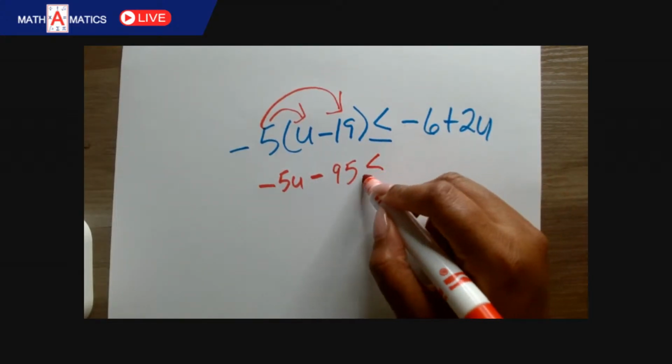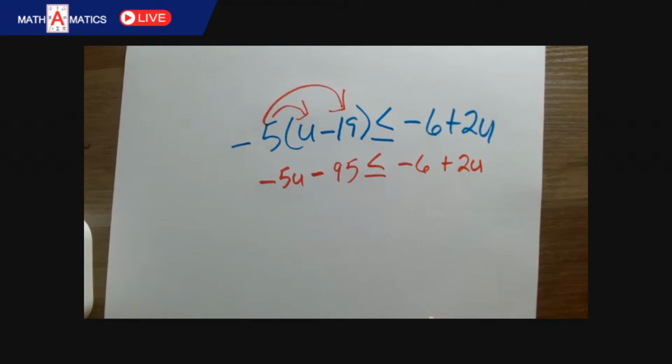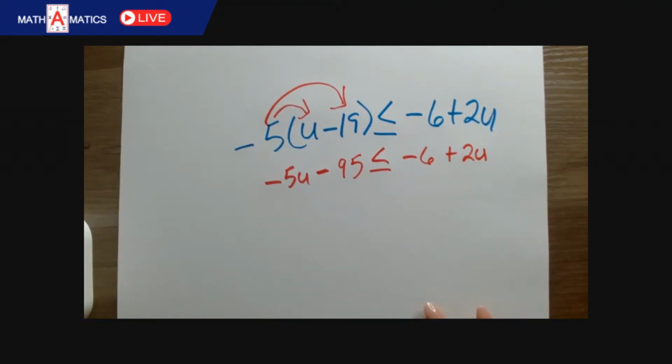And that is greater than or less than negative 6 plus 2u. Alrighty, so you might have seen our video on it, Don't Call Mama After Midnight. We are going to follow those steps, and they can be found in our algebra strategy guide.